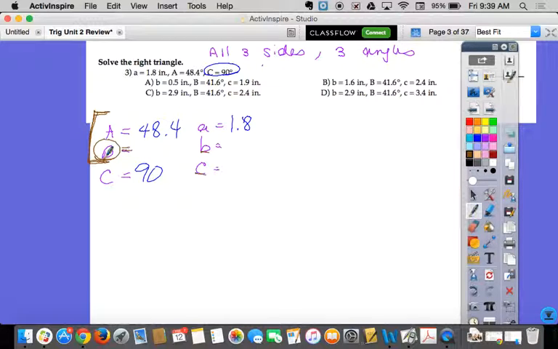So there's no sense in adding these up and then subtracting from 180. You're wasting your time. Just say 90 minus 48.4. Okay, and you can type that in your calculator, but that is going to be, let's see here, I probably need to type it in a calculator.